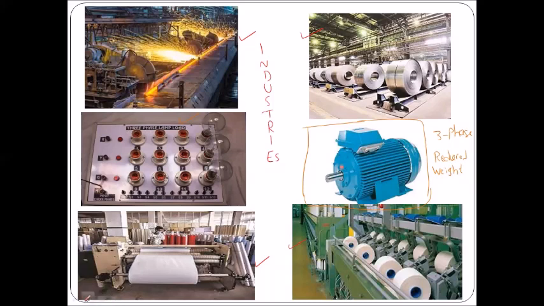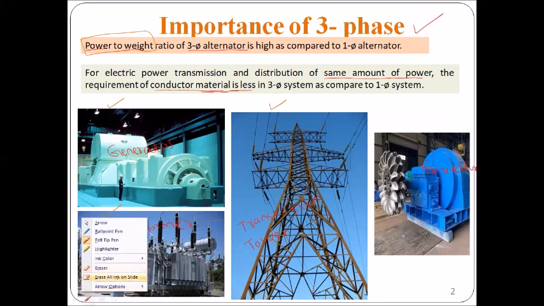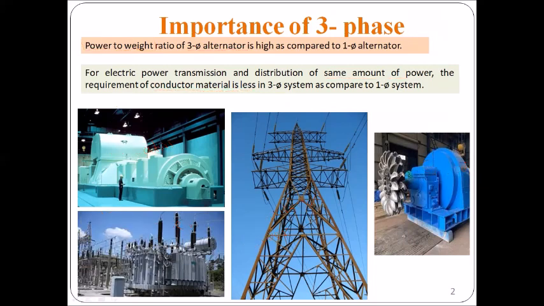So the total advantage of a three-phase system is that the efficiency is also increased, and the losses in the line get decreased, and the same amount of work can be done more efficiently with a machine which is less dense, right? That is nothing but the power to weight ratio is good, right?